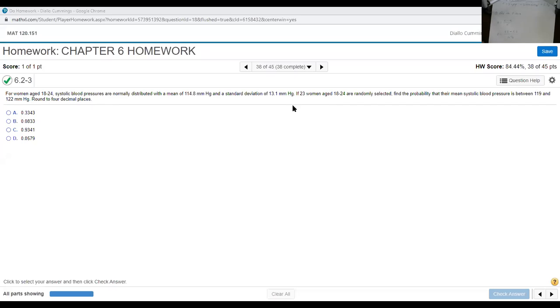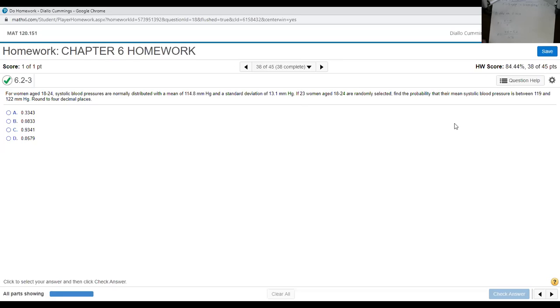Now notice this problem is a little bit different than all the problems we worked with so far, in that a single randomly selected person or color was chosen. Here we're randomly selecting 23 samples. Since we're sampling something greater than 1, this constitutes a sampling distribution.